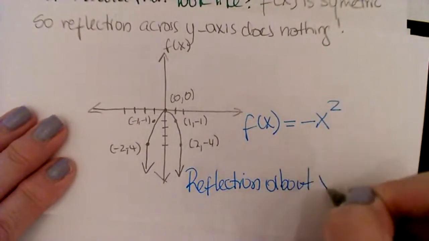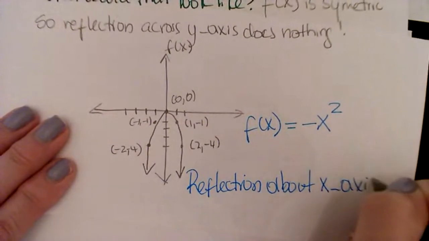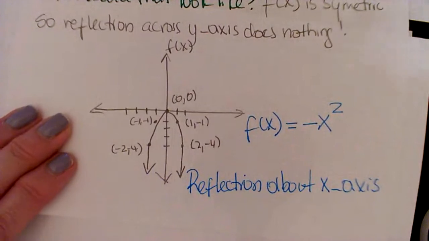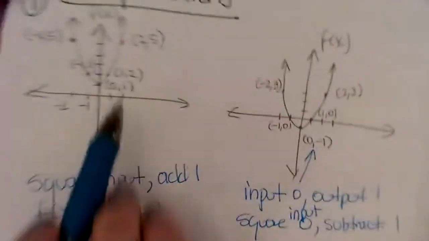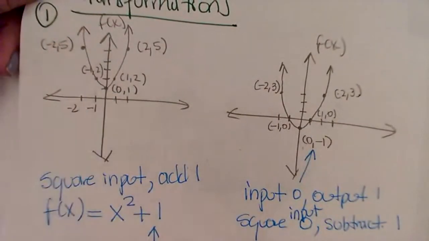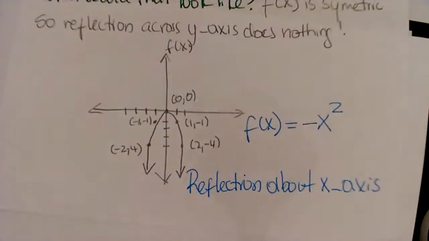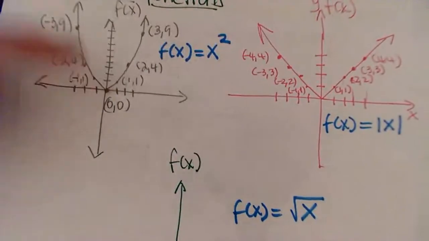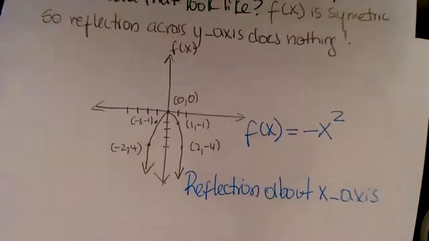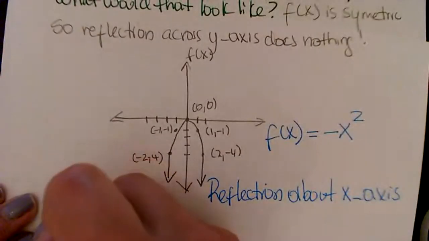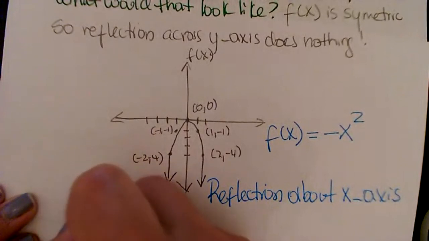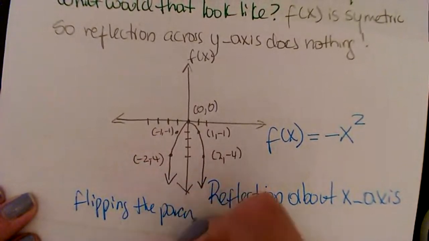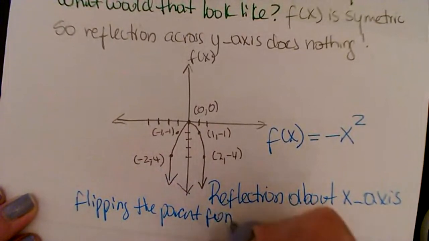It's like flipping the parent function because the parent function is this one. And we're just flipping it. Sorry. Here's the parent function. This one is the parent. So you're just flipping it. We could refer to it as flipping the parent function.